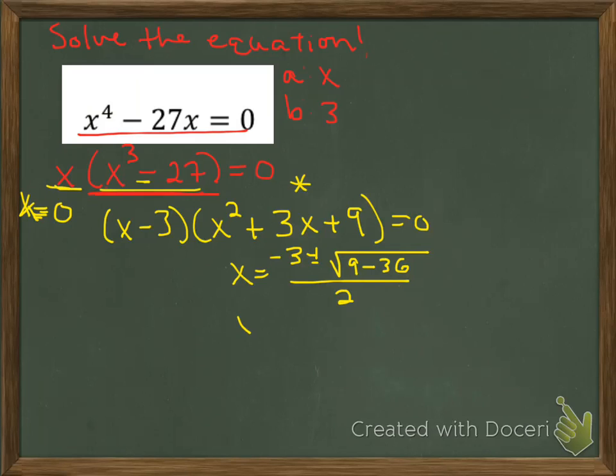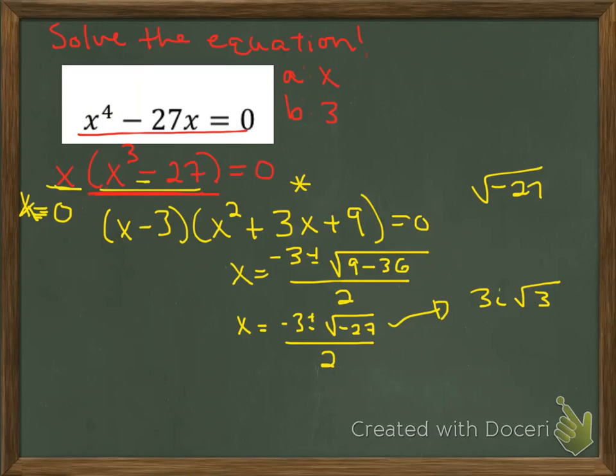Alright, so let's simplify a little bit. x equals negative 3 plus or minus the square root of 9 minus 36, which is negative 27, all over 2. And then we can simplify this square root of negative 27. That's going to simplify into 3i root 3. We can do that work over here.